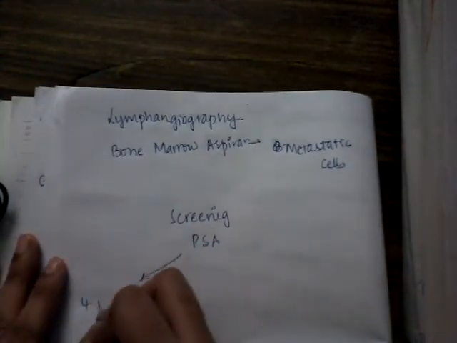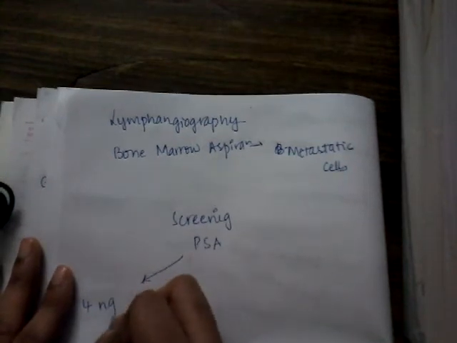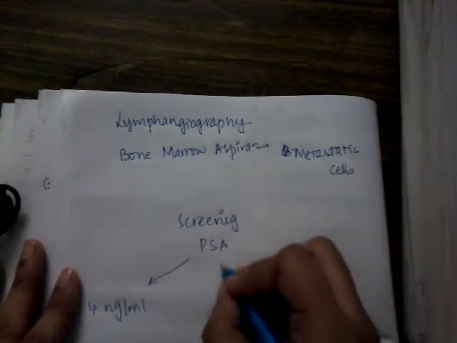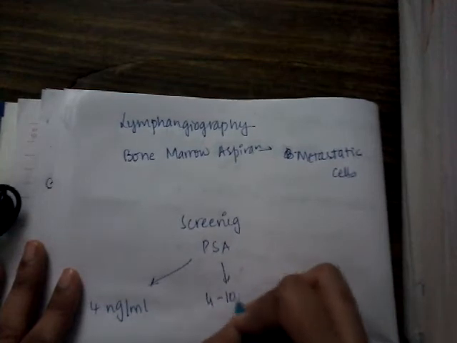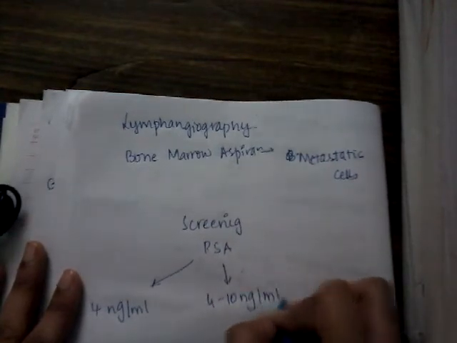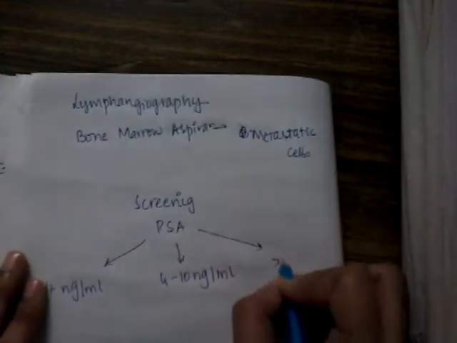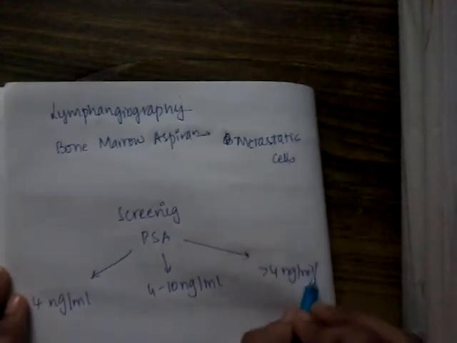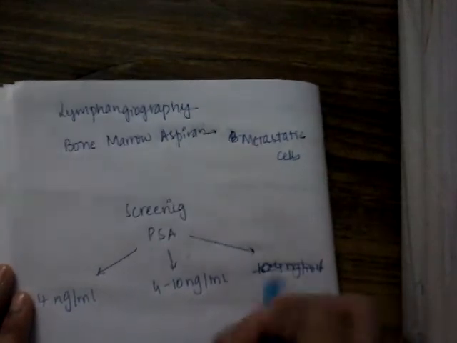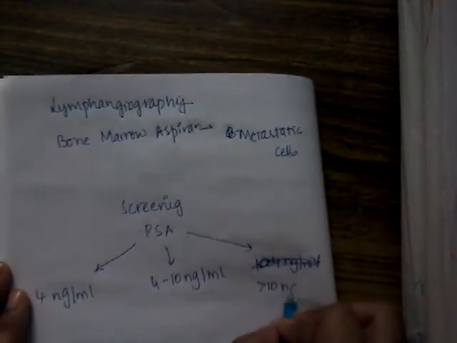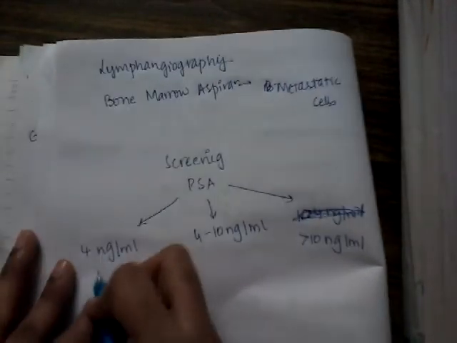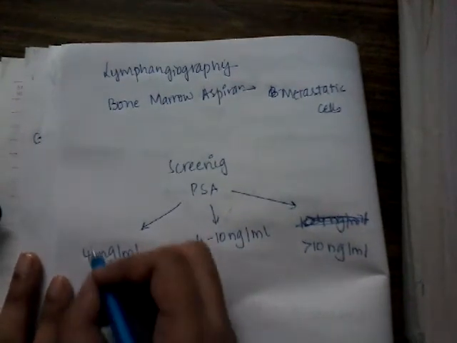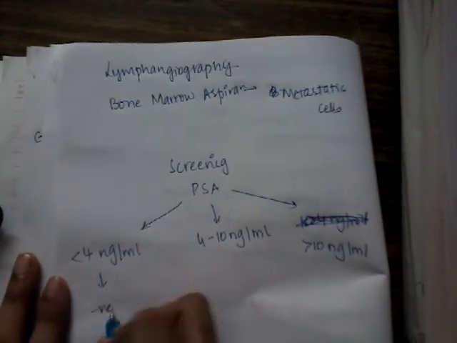Prostate specific antigen can be 4 nanogram per milliliter or less, 4 to 10 nanogram per milliliter, or more than 10 nanogram per milliliter. If it is 4 nanogram per milliliter or less, then it is negative.